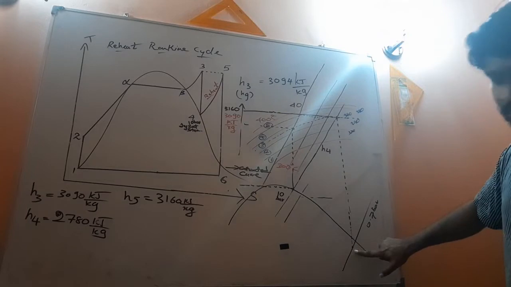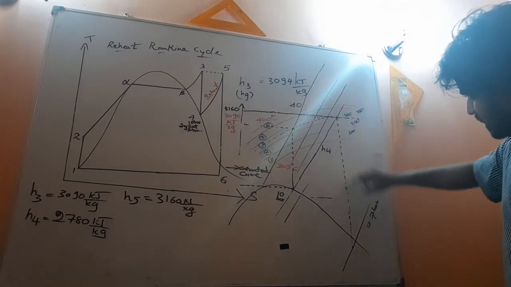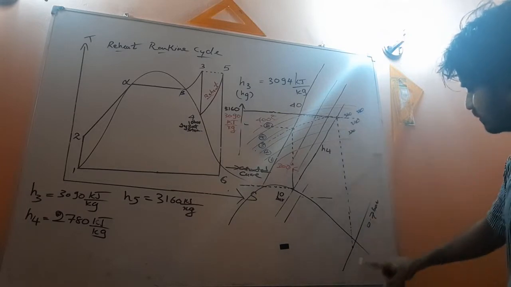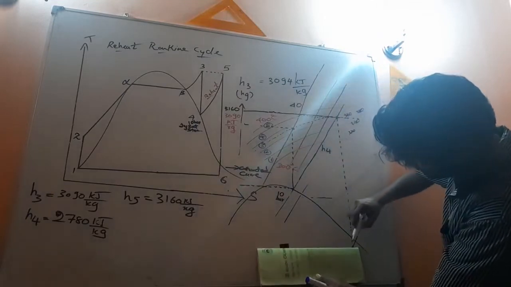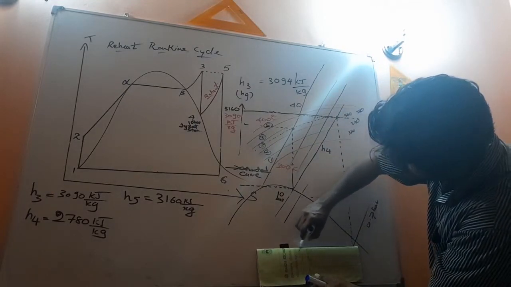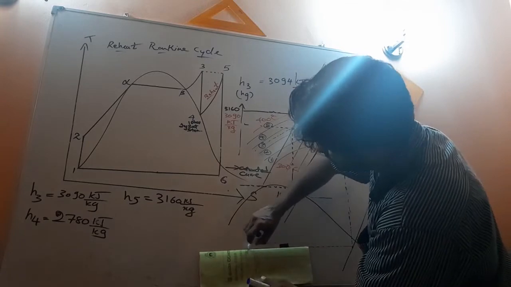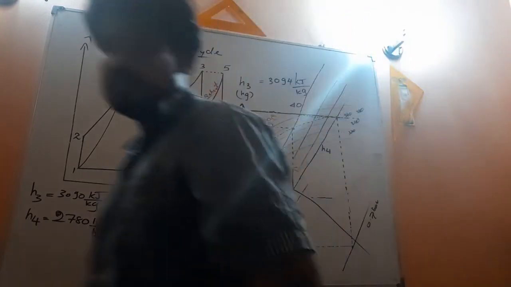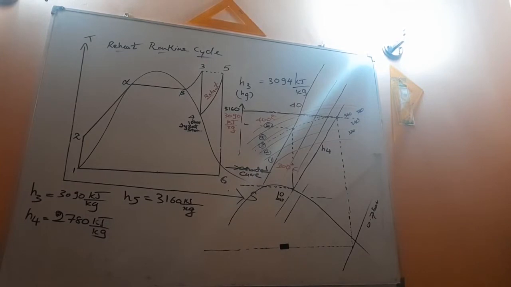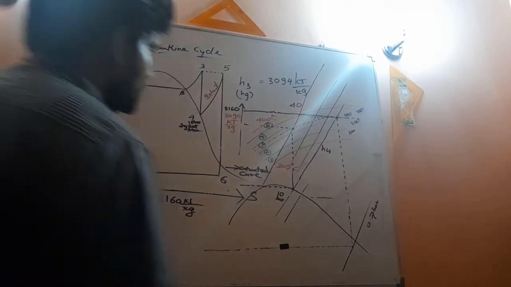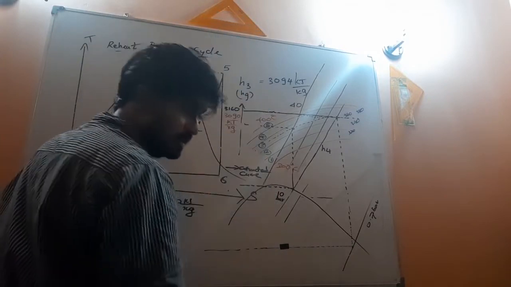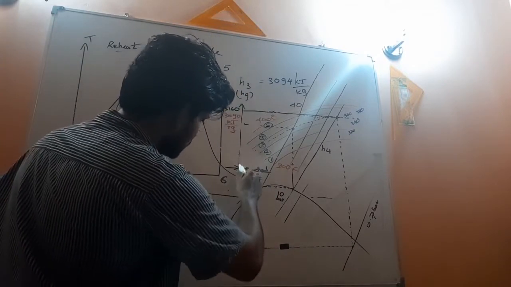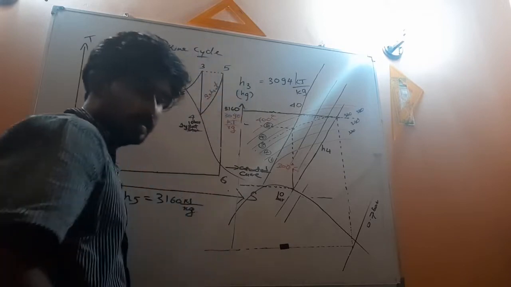So now you know this point, the intersection of this projected vertical line with the 0.7 bar line. You can project this point horizontally to the y-axis of the HS chart. Can you see that? Then you can find that enthalpy.